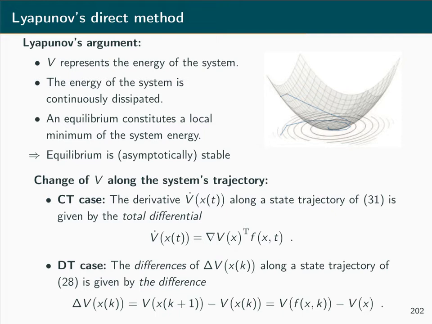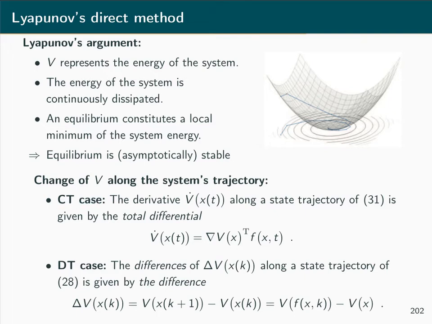Therefore, what we need, besides V being a positive definite function or locally positive definite function, as shown in this figure here, is a condition on the change of V along the system's trajectory. In particular, we want V to decrease along the system trajectory.